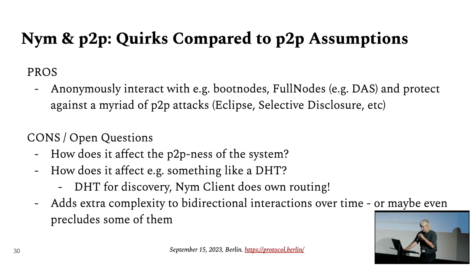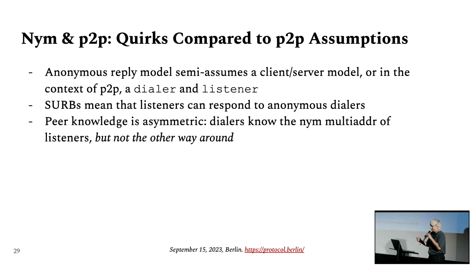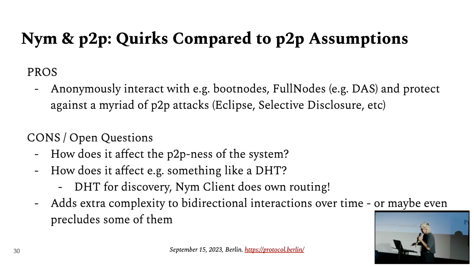Yeah, I suppose the quirk of this is that you are creating, like I've already said, this asymmetric peer knowledge between people, which is somewhat different to how peer-to-peer networking usually works. And there are some pros of this.